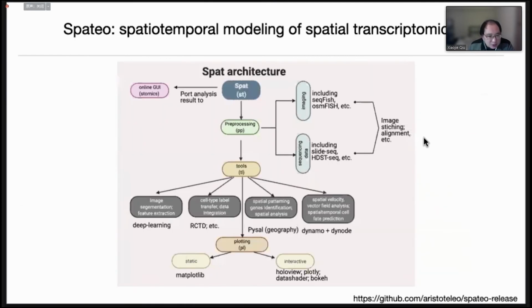So towards this overarching goal of learning the spatiotemporal model, we developed a new tool called Spateo, which was just released today. If you're interested, you can download it and play with it. Spateo supports analysis for many popular spatial transcriptomics technologies, including Stereo-seq, Slide-seq, Visium, NanoString, and many others.